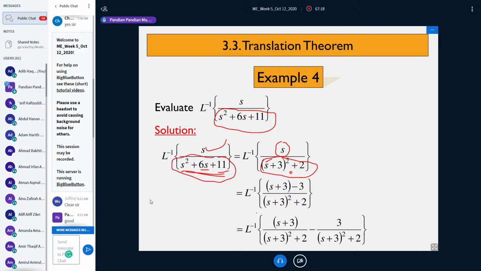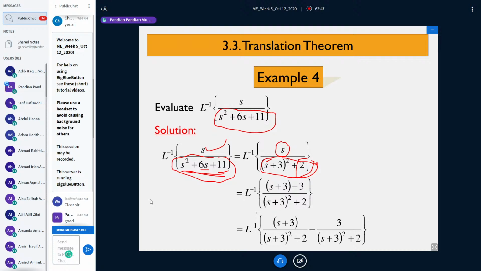This is the trick, class. This is the trick how you modify this. So 6S I already have, but there is another term, 3 squared, 9. So 9 plus what? 11. This is how you have to work out. Think like this. 9 plus 2, 11. So you put 2 here.